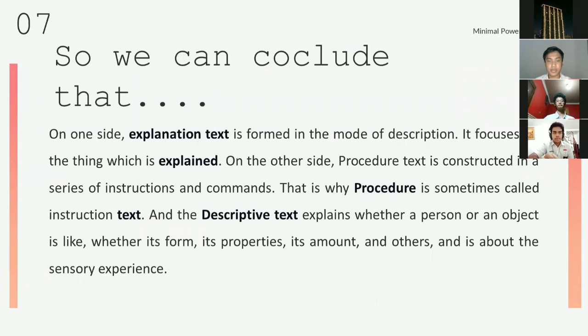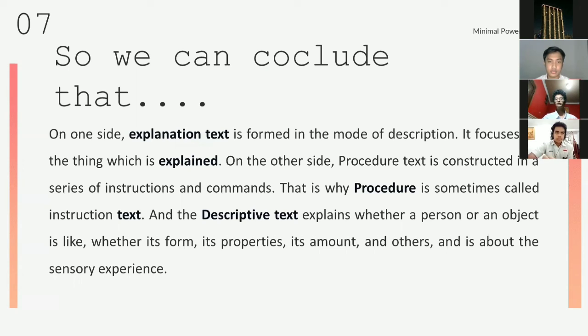Next. Okay. After the presentation, we can conclude that on one side, explanation text is formed in a mode of description. It focuses on one thing, which is explained, and on the other side, procedure text or instruction text is constructed in a mode of instruction and command.